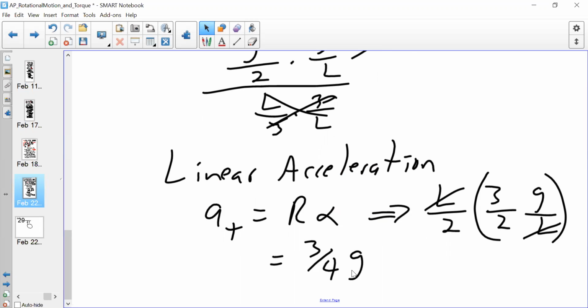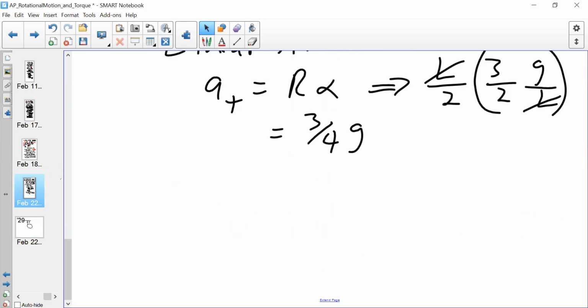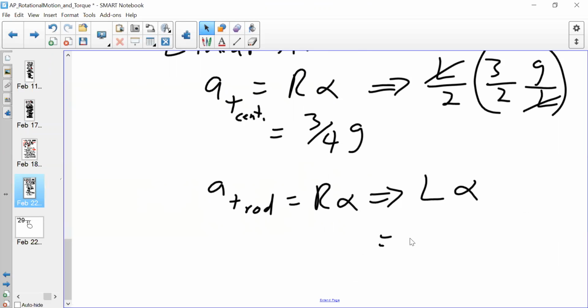But the question in the example is, what's the linear acceleration of the rod? So we have to consider the extreme point of the rod, which is distance L, and multiply that by alpha, and we get 3/2 g. So this is the center. This is the entire rod. This would be L times alpha, which is 3/2 g.